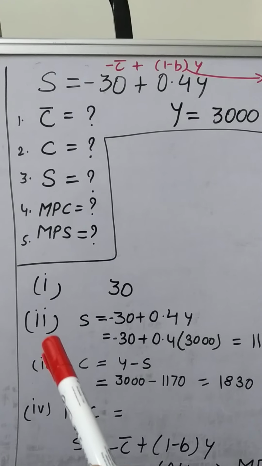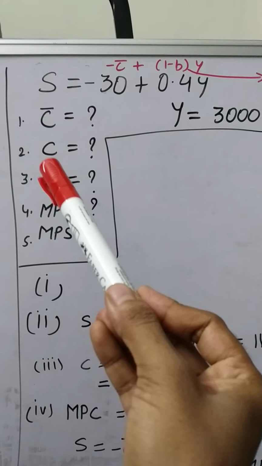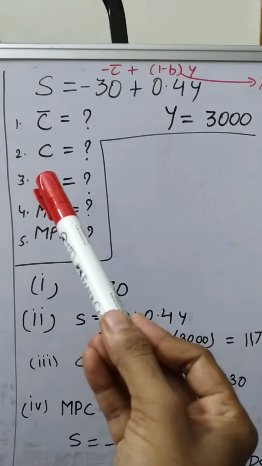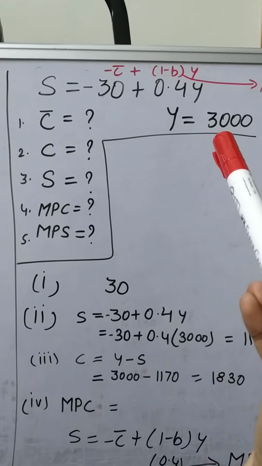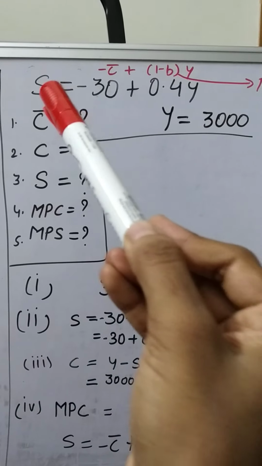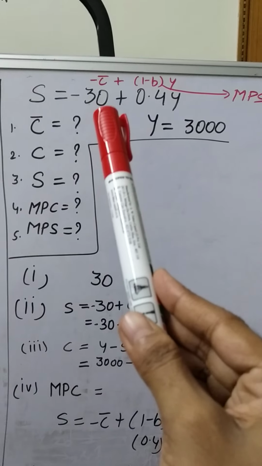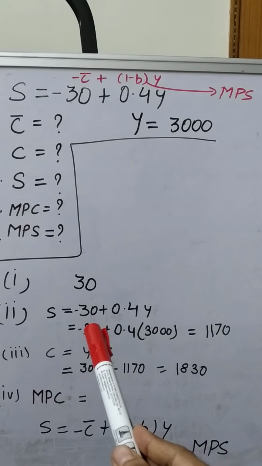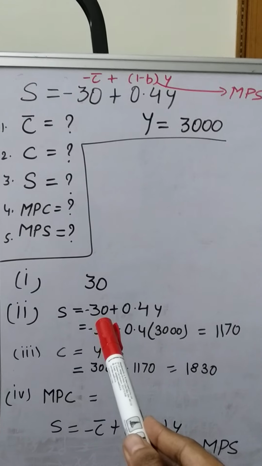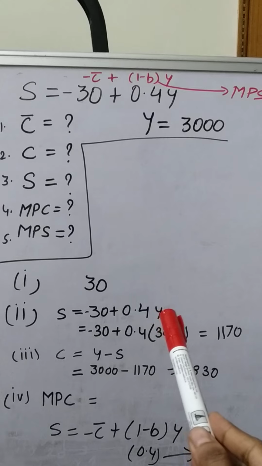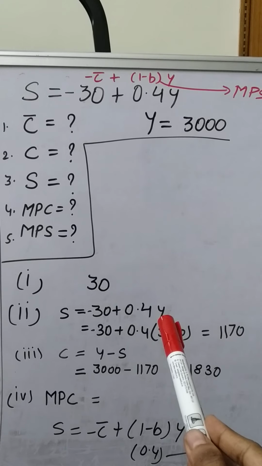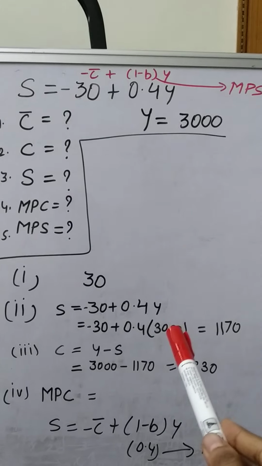Now the second thing they ask you to calculate is consumption. Consumption will not come until you have income and saving. Y minus S, then you will get C. So S we have to find the value of. So the saving function we keep as it is, whatever is given in the question: minus 30 plus 0.4 Y. Now what value can you put for Y? Which is given in the question, rupees 3000.